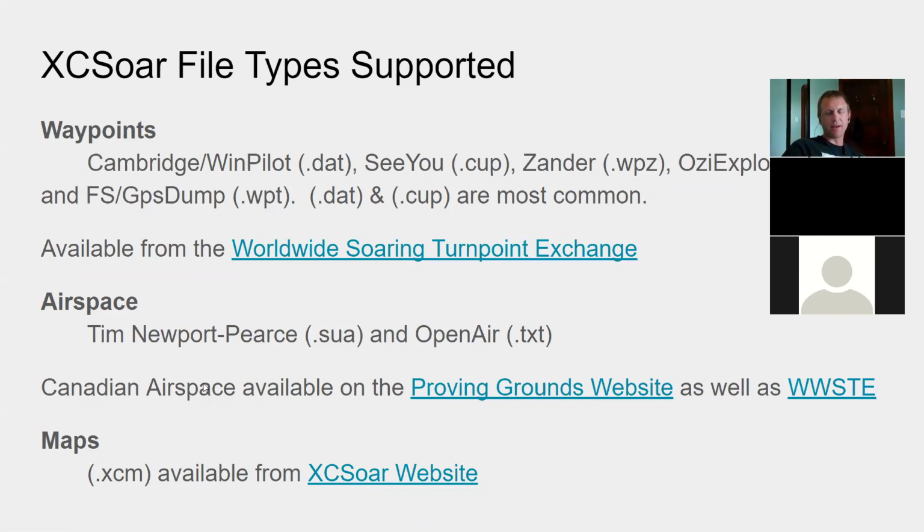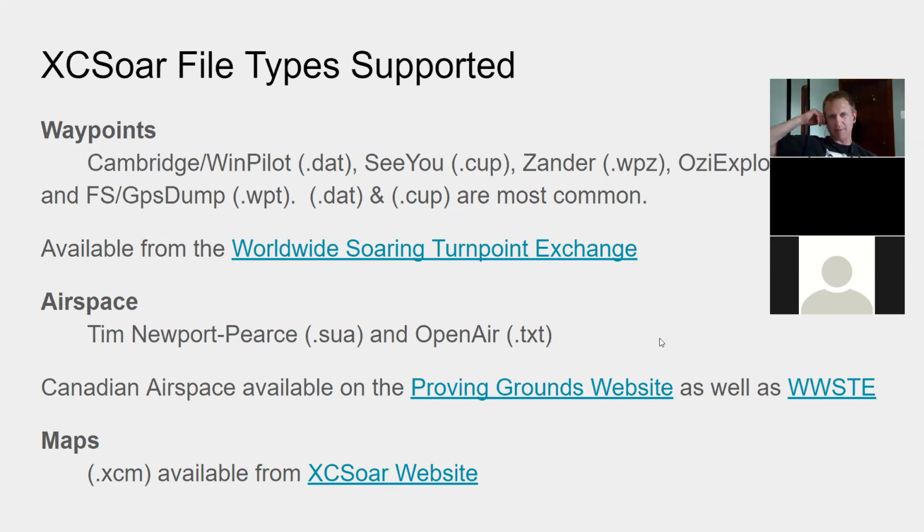But I just recently had a kind of a winter project of creating Canadian airspace. I didn't really like the ones that were on the Worldwide Soaring Turnpoint Exchange, more to do in Alberta with some of the airways. They weren't created properly, so I made a program to make airspace. I'm updating it on the Proving Grounds website.